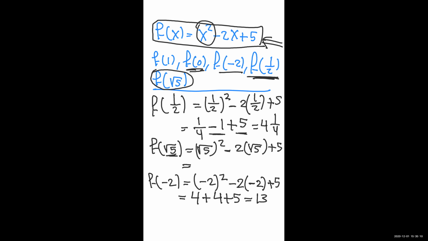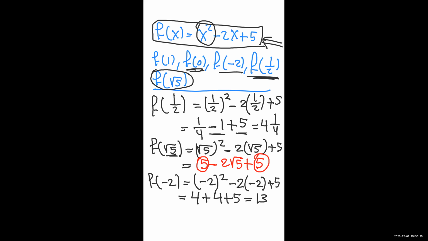Okay, so it will equal square root of 5 squared, which means square root of 5 times itself. So it will equal 5 minus 2 square root of 5 plus 5. Okay, so in this case, f of square root of 5 will equal 5 plus 5, which means 10.